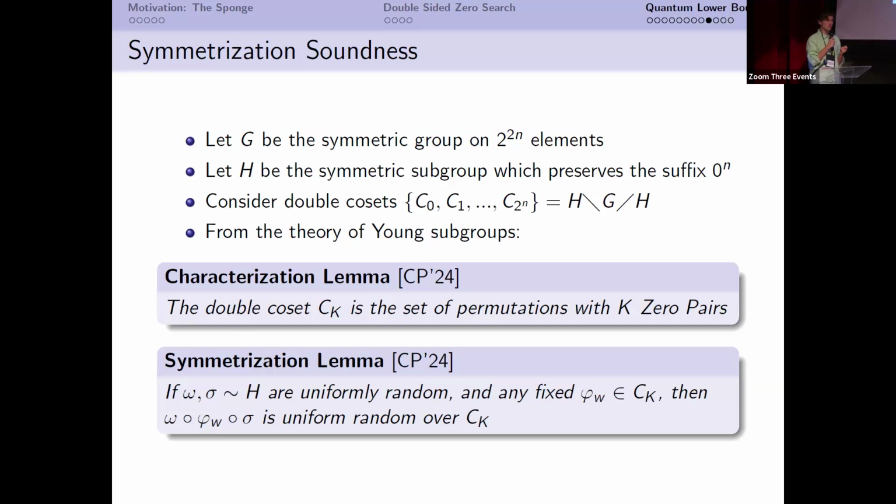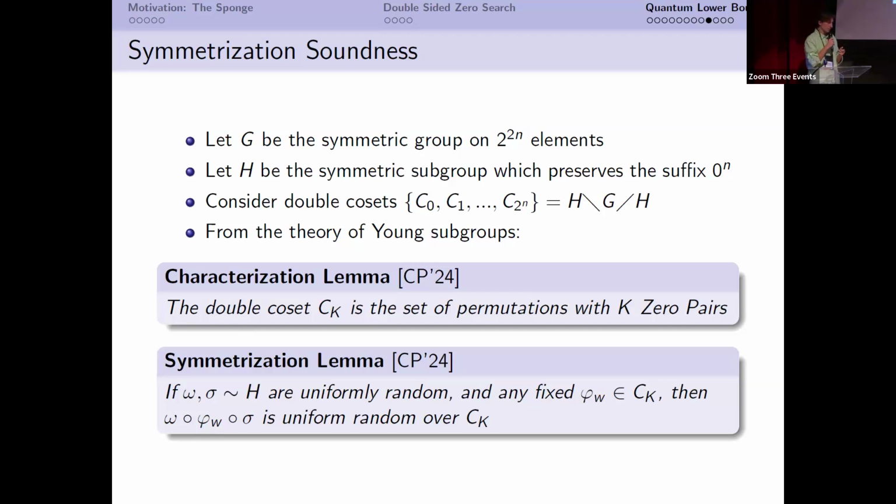With this characterization, we appeal to a standard group theoretic fact: if you have any fixed element of some double coset, so our fixed element is our worst case instance, and by the way, this is why we needed a worst case instance for every single one of these double cosets, so every single number of zero pairs, then if we sample uniform random elements from the subgroups used to define these double cosets, we'll get a uniform random element from the double coset that is generated by this phi w.